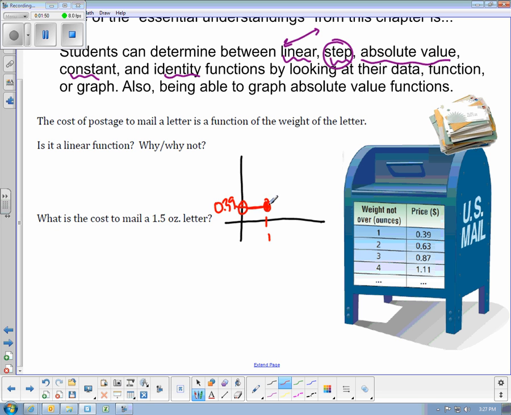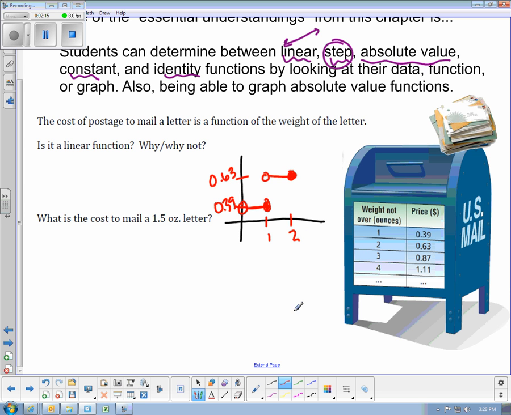But once I'm over 1 ounce and all the way up to 2 ounces, I need to go up to 63 cents. So at 1 ounce, I have an open circle because at 1 ounce I'm still at 39 cents, but I need to go up to the 2 ounces and have a filled in circle.